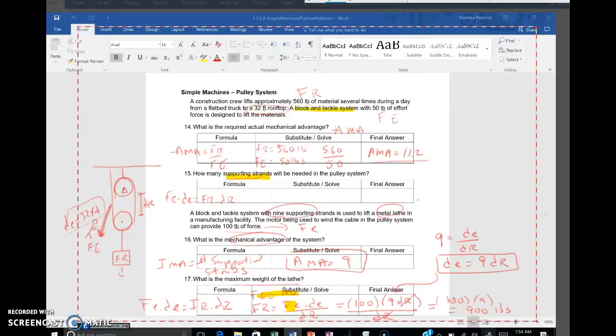So our FR will equal 900 pounds. All right, so that's it.